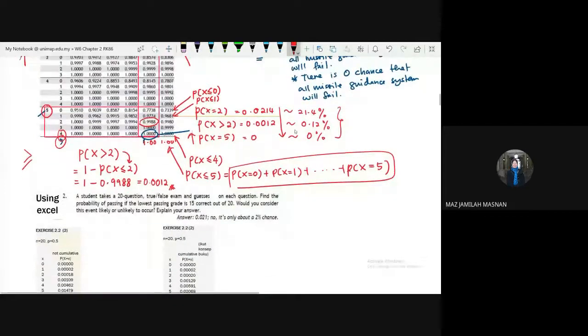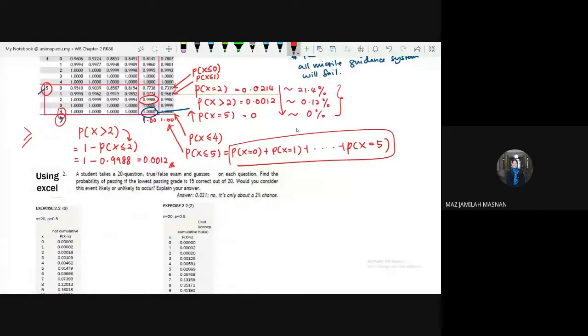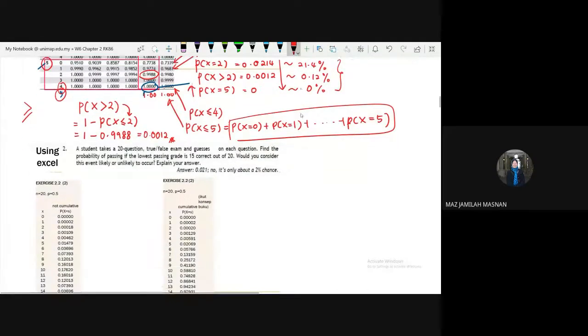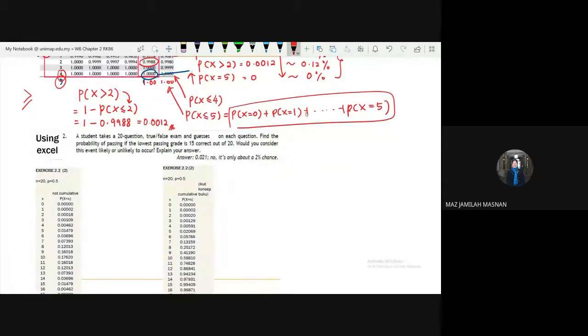If no question, then we continue with the second question, which is much different from what we have in the first question. A student takes a 20 question true or false exam and guesses on each question. Find the probability of passing if the lowest passing rate is 15 correct out of 20. Would you consider this event likely or unlikely to occur?